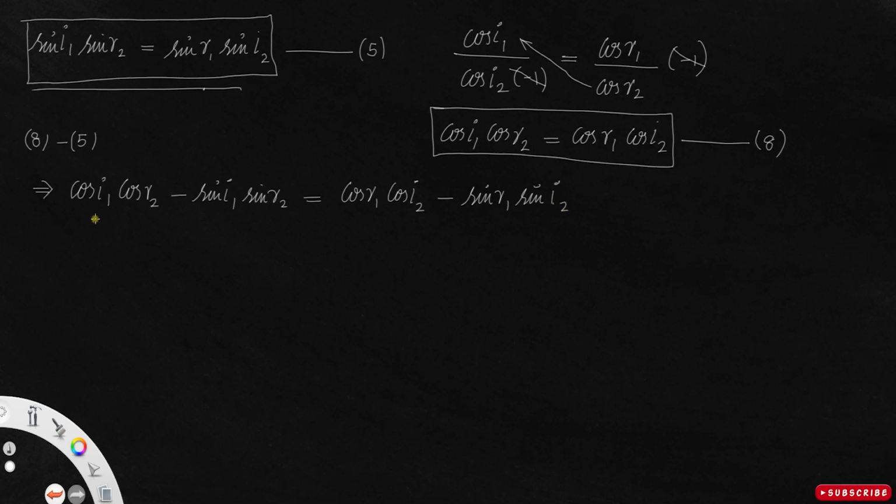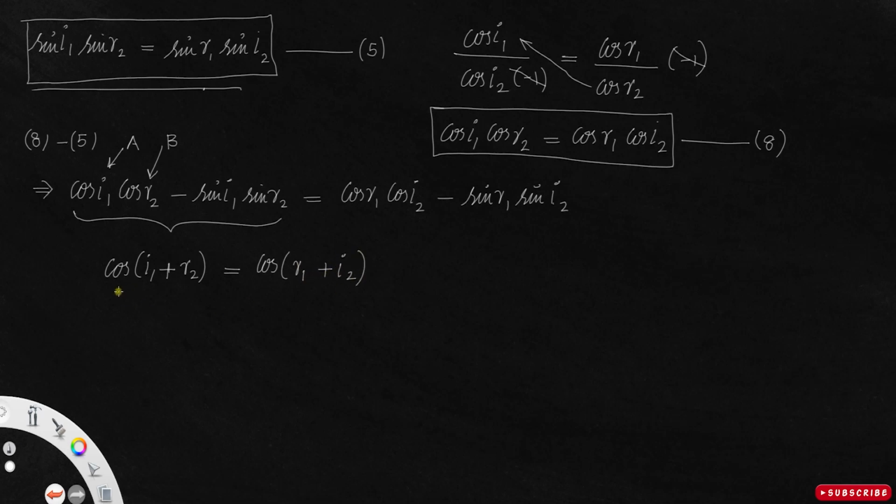Clear? See, this is cos A cos B minus sin A sin B, where A is I1 and B is R2. So this will become cos of I1 plus R2. See, cos of A plus B is cos A cos B minus sin A sin B. Here also it is cos of R1 plus I2.